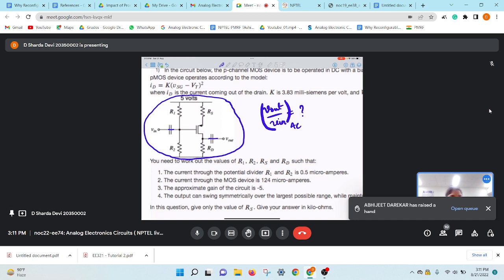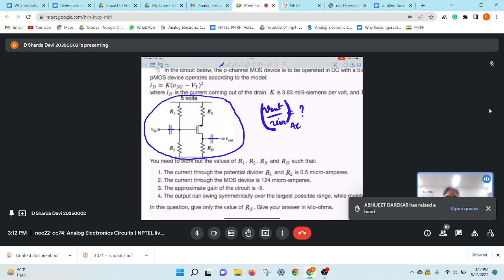Okay. Abhijit, you have raised your hand. Is there any issue? Ma'am, the gain is minus GM RD upon 1 plus GM. Is it correct? No, you are missing something. You might try again.